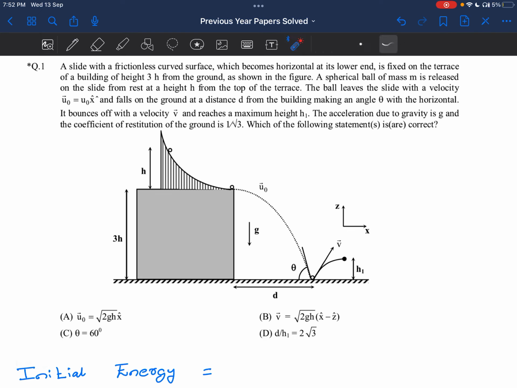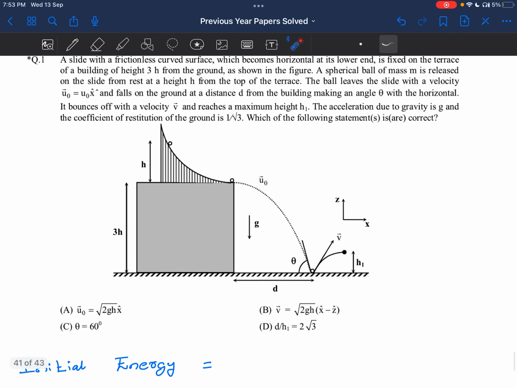For finding that, I am taking the top of the terrace as a ground and using conservation of energy. So this is the initial position and this is the final position at first. From top of the terrace, the ball is at a height h at the initial position and it is at rest.